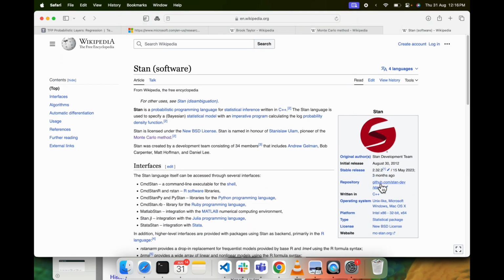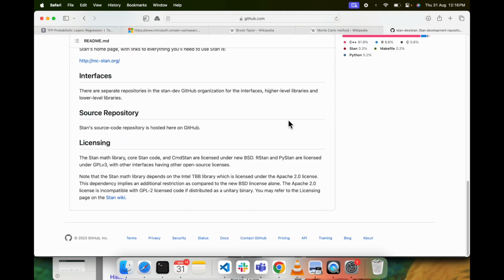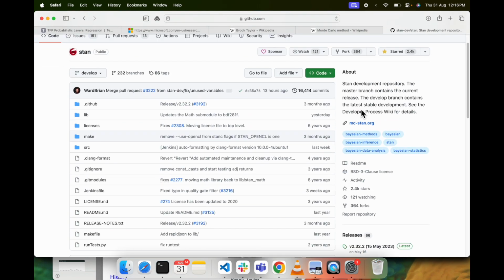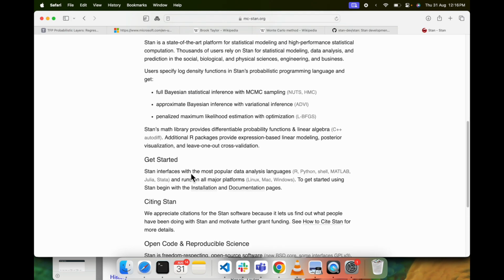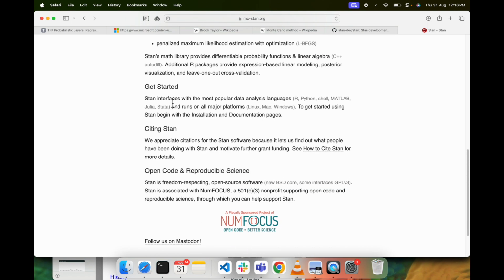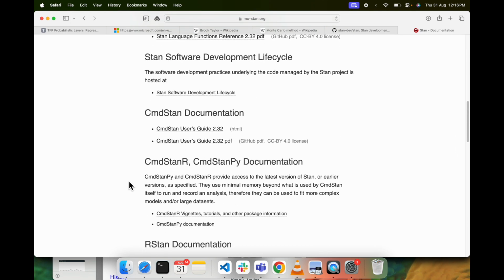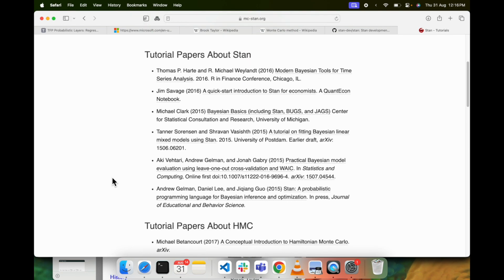So if we can perhaps look at a very simple example, we'll see. It gives you full Bayesian statistical inference with MCMC sampling, approximate Bayesian inference with variational approximation, etc.